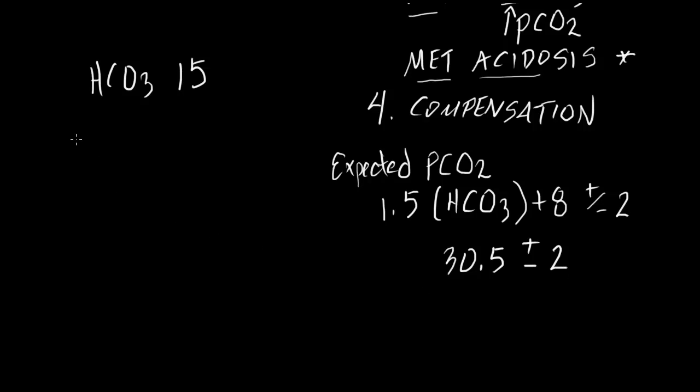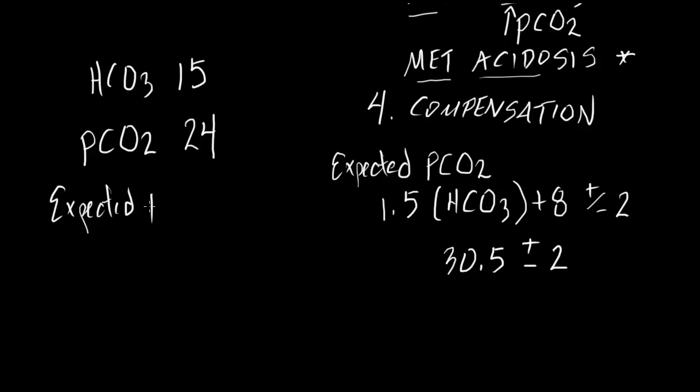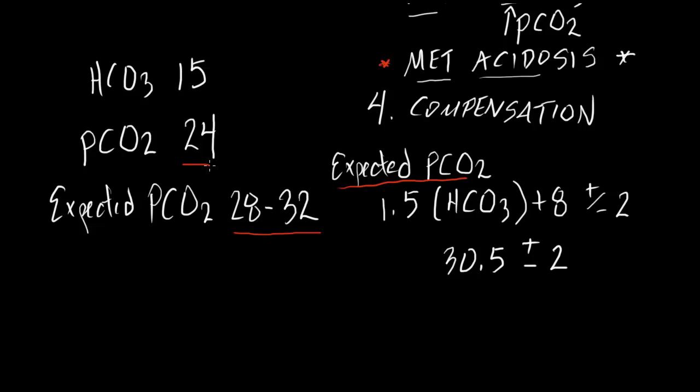Okay? Our measured PCO2, if we recall, is 24. Our expected PCO2 is in the range of, say, 28 to 32. In this particular case, for compensation of a metabolic acidosis, we would expect our PCO2 to be in this range.